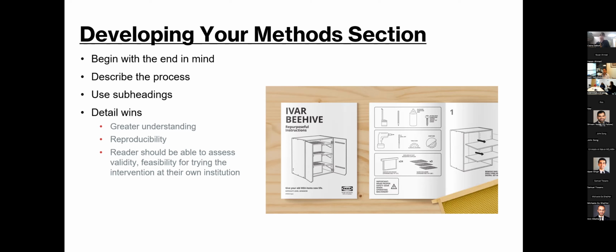Can I try and do that in my health system? So having a detailed enough method section, in the same IKEA way, can you reproduce what someone else did in another place? It's not like you have to have a step by step, but the reader or the reviewer should be able to read through and be like, okay, that sounds like that would fly, or this sounds like this wouldn't work in my institution for this reason or another.